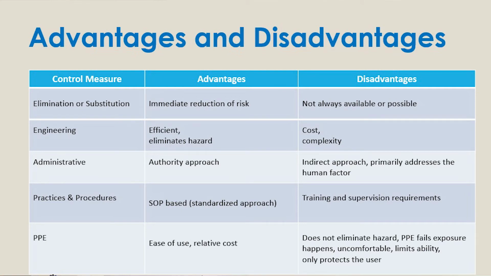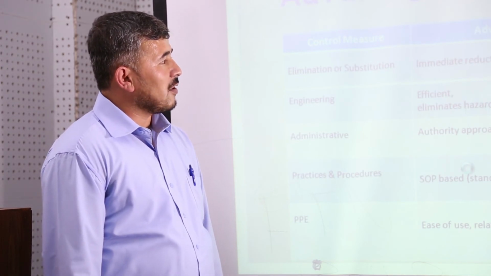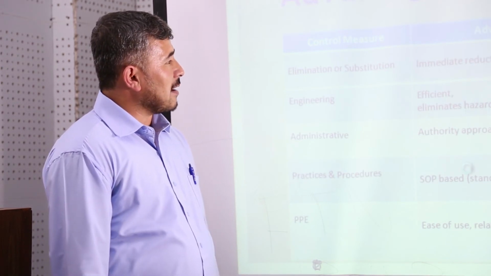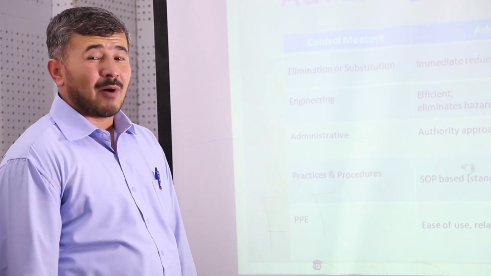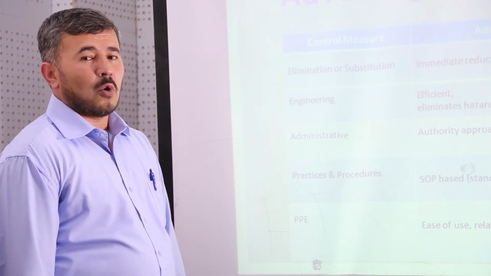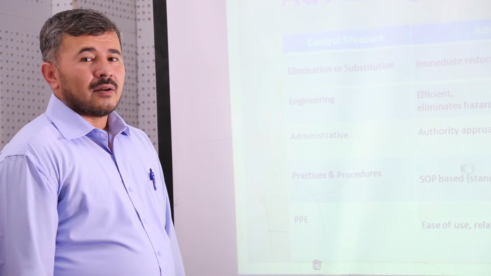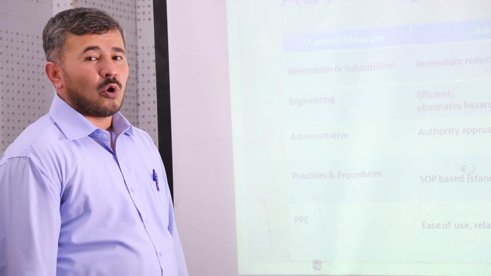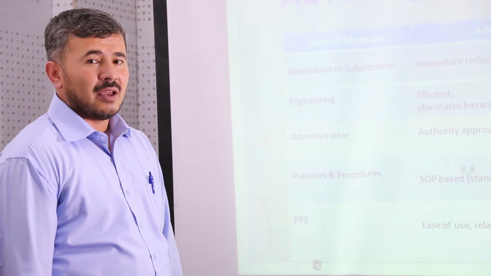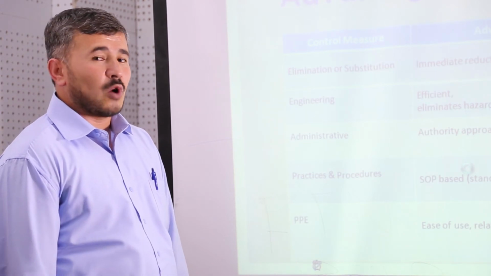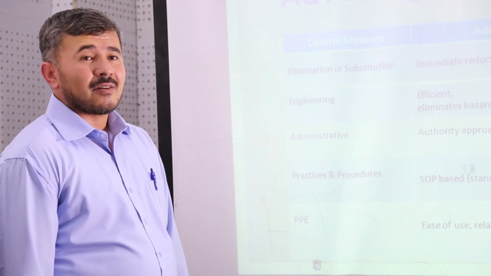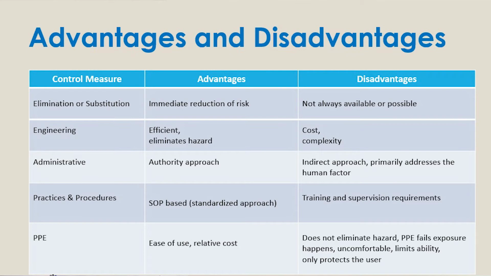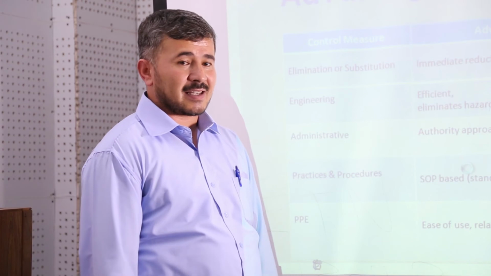The most important advantage of elimination and substitution is it will immediately reduce the level of risk. So when we apply the elimination or substitution strategy, it means we are not working with the hazard, or we change it to a less virulent one or change the procedure, so it will immediately reduce the level of risk.